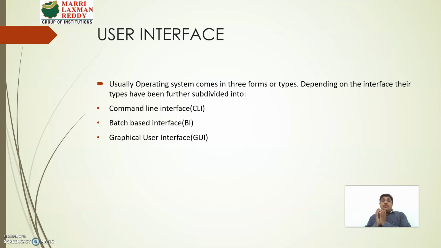So all the requests of jobs will be combined together as a batch and raised as a request to the operating system. In turn, the operating system has to reply back to the batch that has been raised as a request from the end user, that we call a batch based interface.